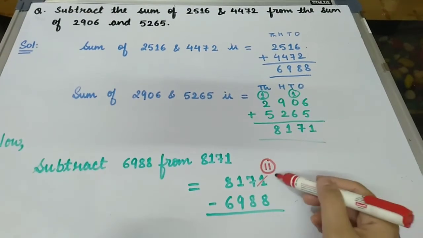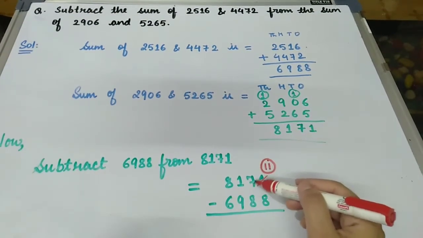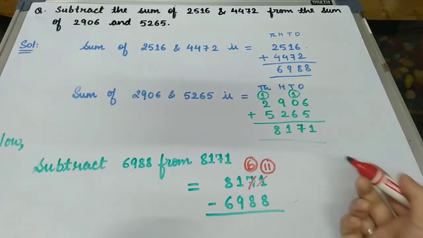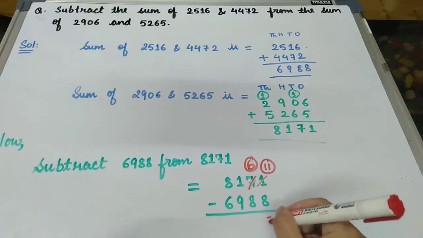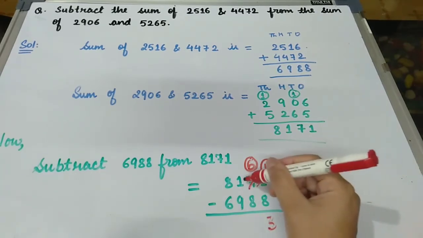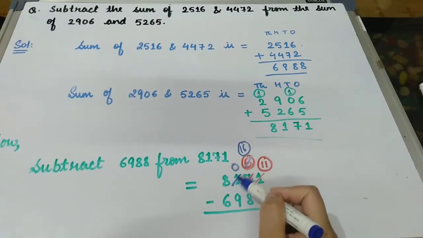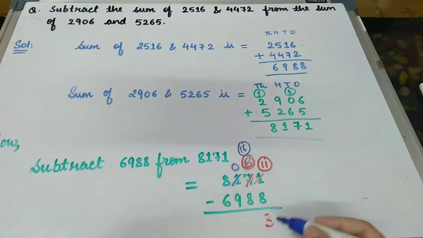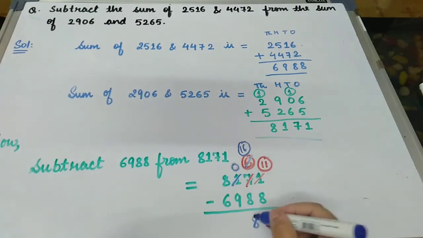Now start subtracting. 11, okay, we will borrow from here. This will become 6 and 11 minus 8 is 3. Yes. Now 6 minus 8 we can't subtract, so we will borrow from here, so this will become 0 and this will become 16. 16 minus 8 is 8 itself.